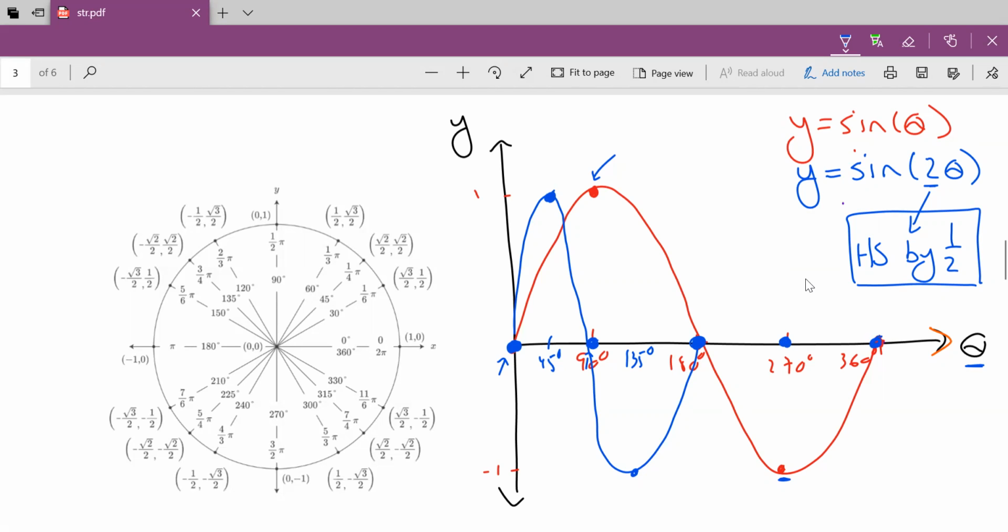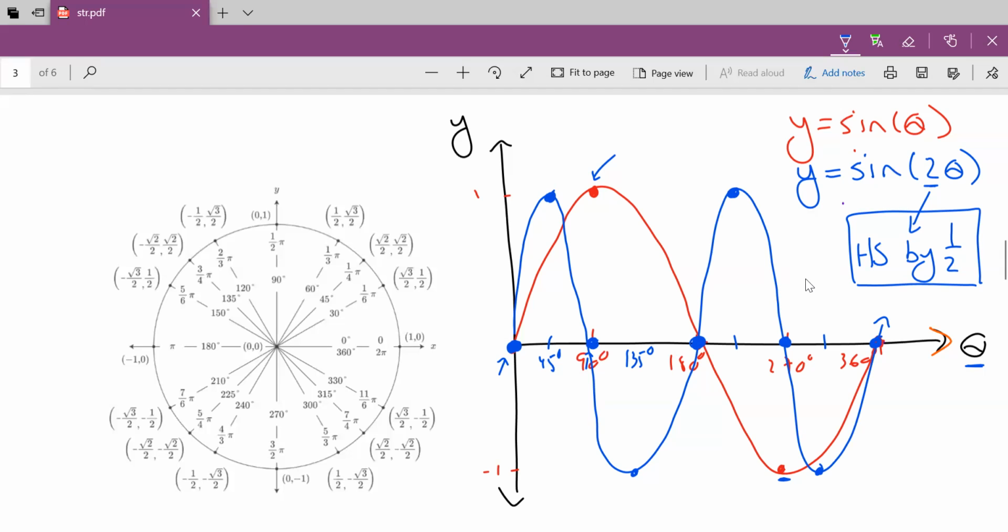Halfway between those intercepts, right here and right here, guess what? We're going to have a max and a min because this is periodic. So there's a max right there, and down here, there's going to be my next min. And there it is. And that graph keeps going.